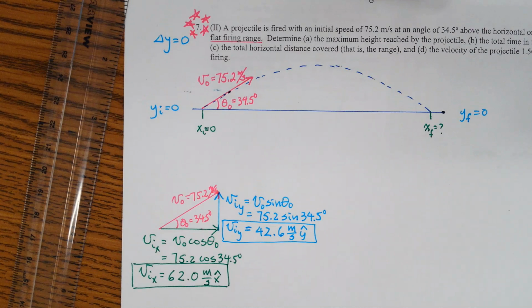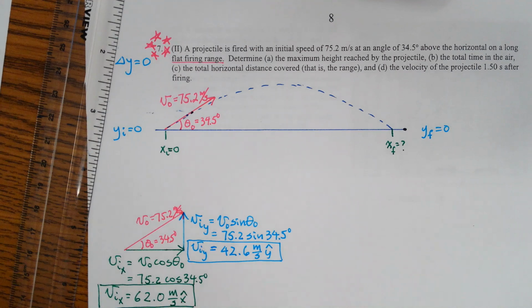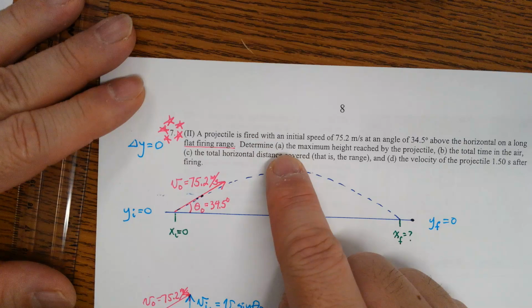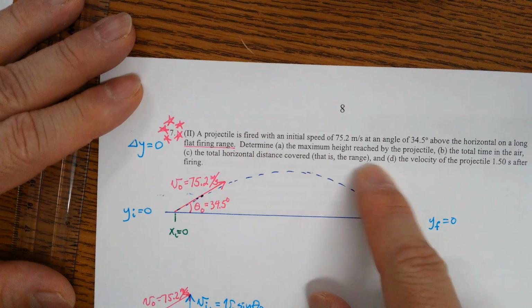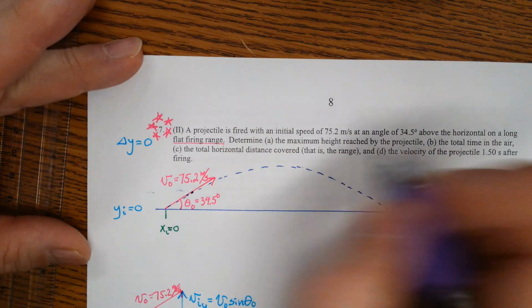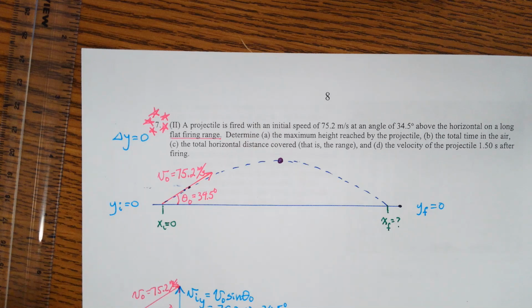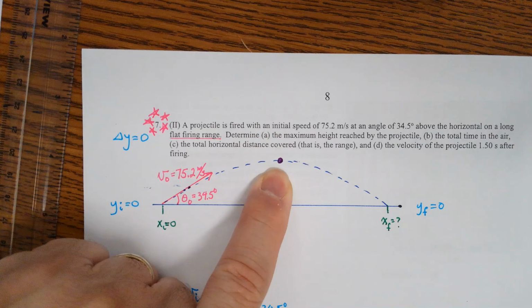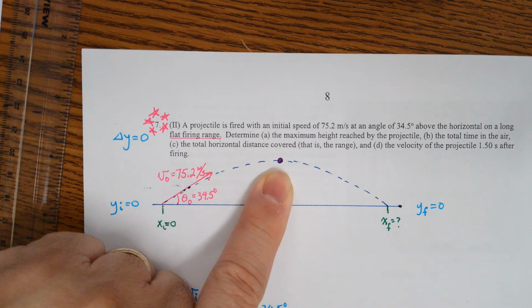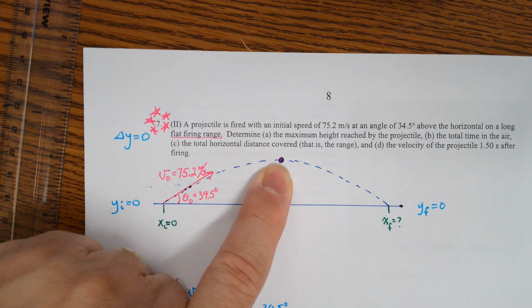All right. Now we can start this problem. Most likely they're going to ask us to find time, but here, part A: determine the maximum height reached by the projectile. Wow. The maximum height reached by the projectile is right here. At this point, we know a few things. We know acceleration due to gravity is in the y direction only, at negative 9.8 meters per second squared.